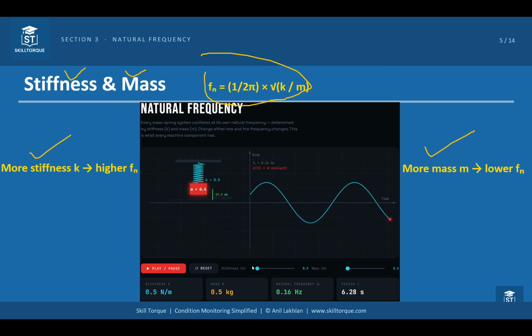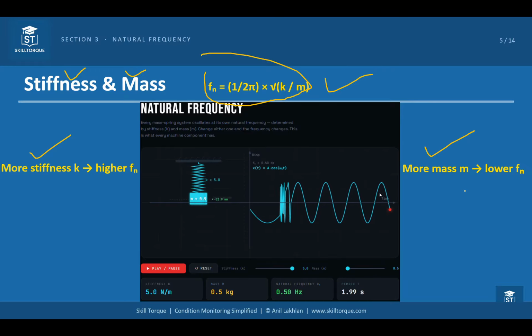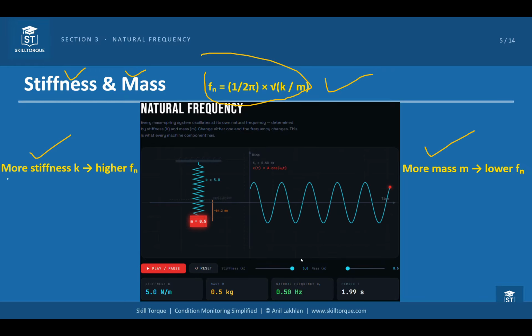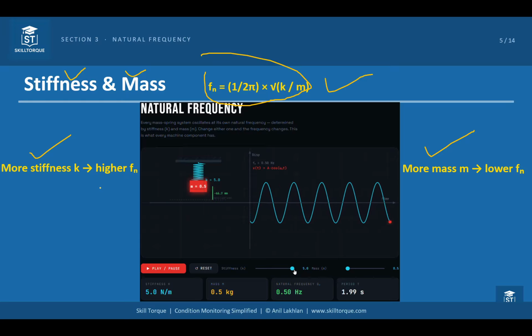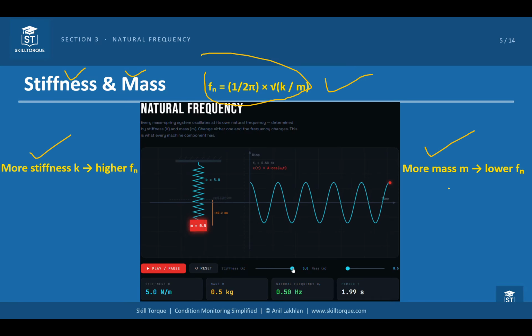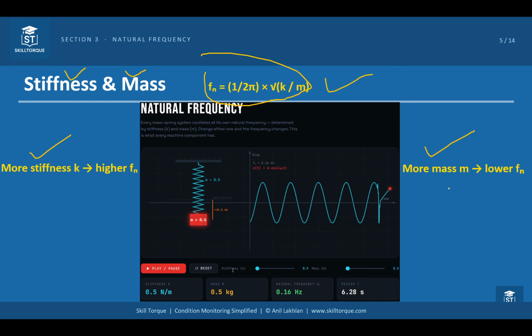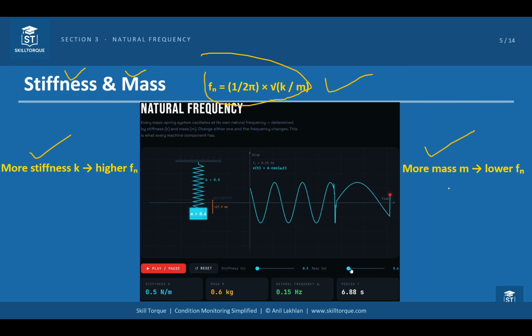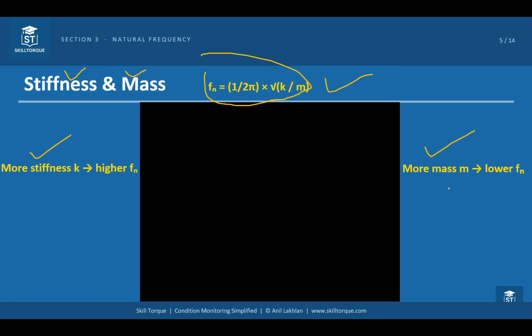Now you will be seeing this formula, but you don't need to calculate anything right now. What matters is understanding that this number exists for each and every component in your machine, and when you force that component to vibrate at exactly that number, resonance occurs, right?